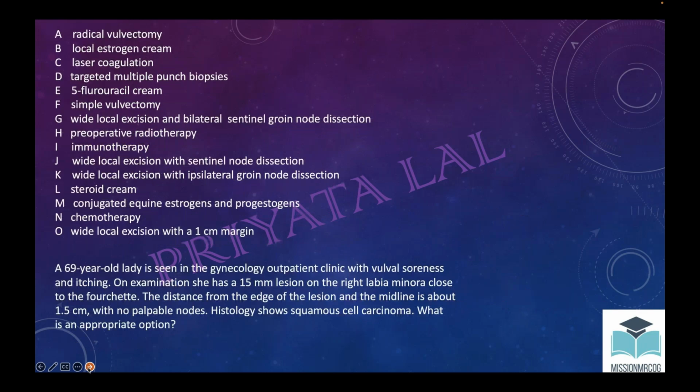A 69-year-old with vulval soreness, a 15 mm lesion on the right labia minora close to the fourchette. The distance from the edge of the lesion to the midline is about 1.5 centimeter. No nodes. What is the appropriate action? Wide local excision with ipsilateral groin node dissection, ma'am?